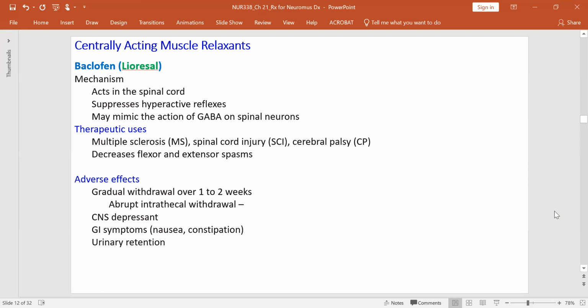Again, this is especially so with the drug that is given intrathecally. In other words, it's through the catheter into the spinal cord or spinal CSF fluid.